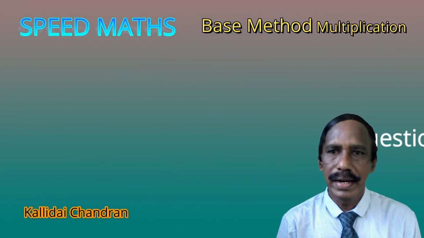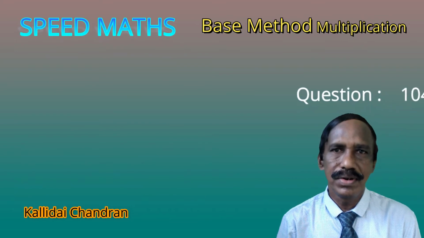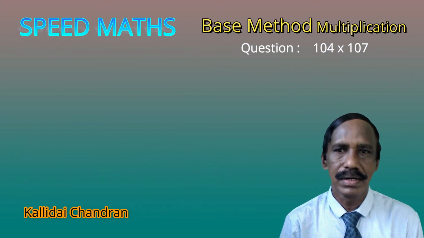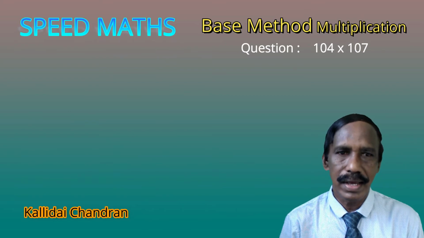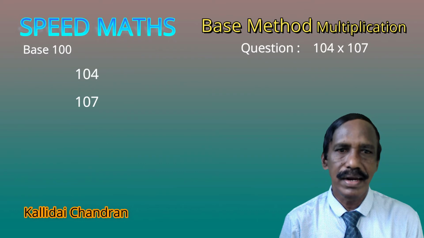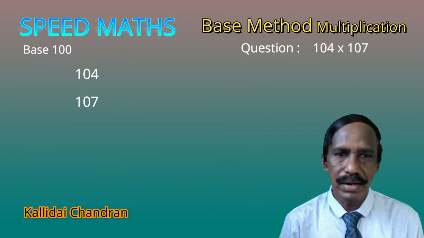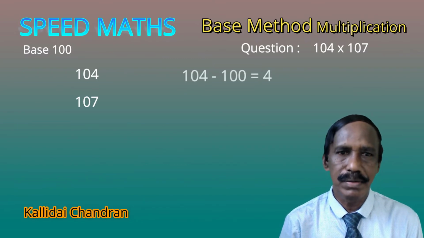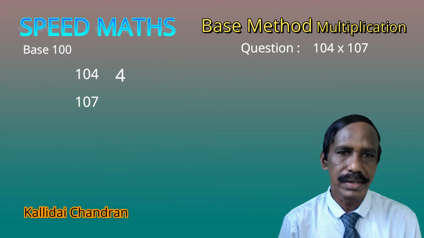Now, the next question is 104 is to be multiplied by 107. Since both are near 100, put the base as 100 and write down the numbers of 104 and 107 as displayed here. Now deduct the base figure of 100 from 104 and write the answer of 4 here.